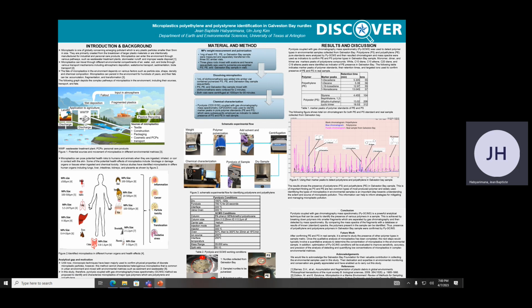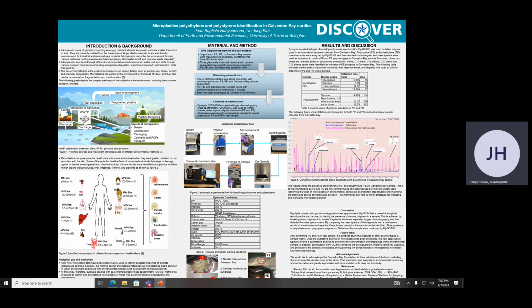So pure standard polystyrene and polyethylene were analyzed, and the resulting chromatogram and mass spectra were used as indicators to confirm their presence in that sample.